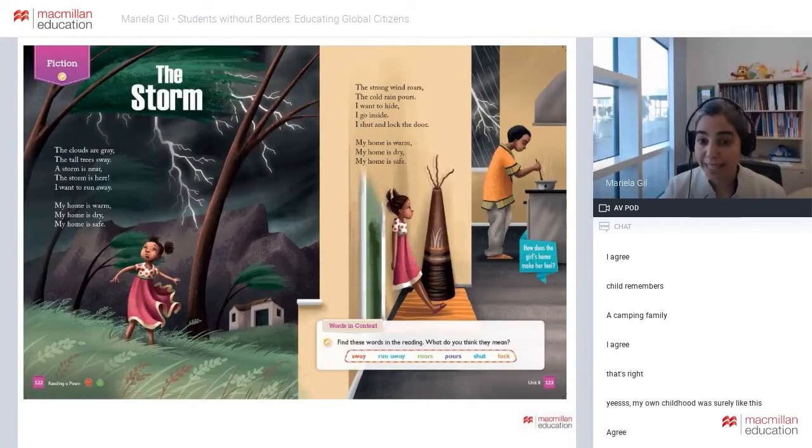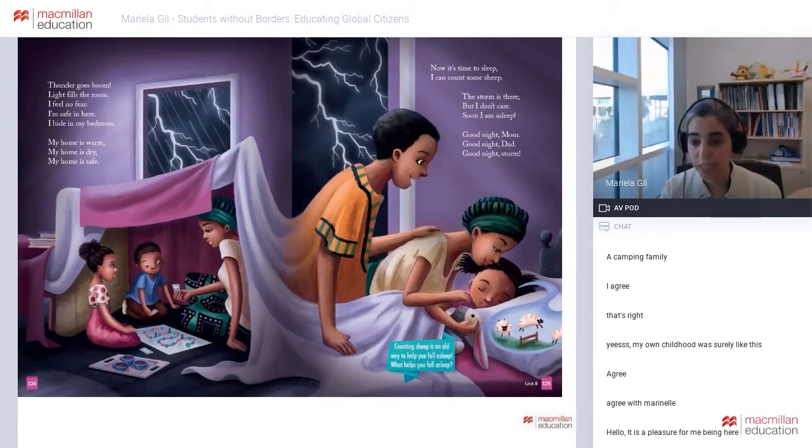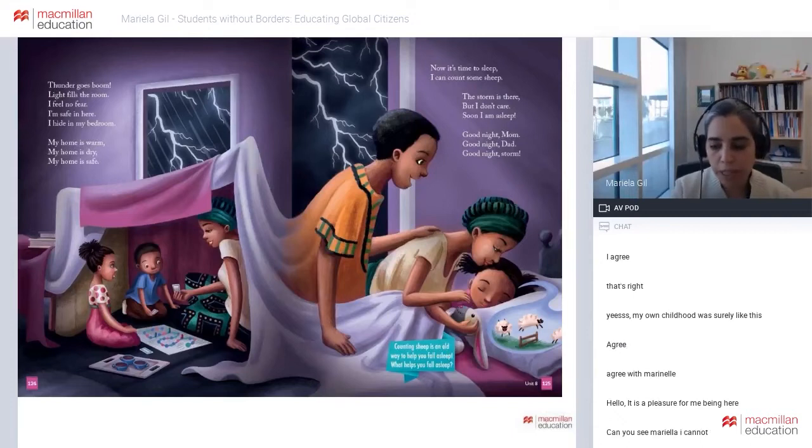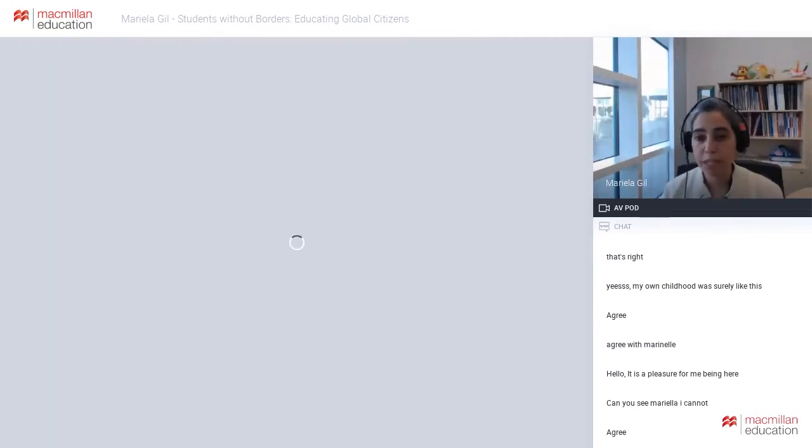They show a dad cooking, the family playing games, and the family putting the daughter to sleep. If you think about typical ELT textbooks, usually they show just one kind of family, one kind of situation that means family.